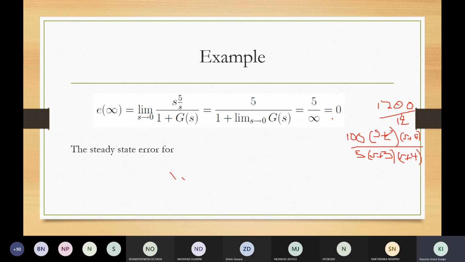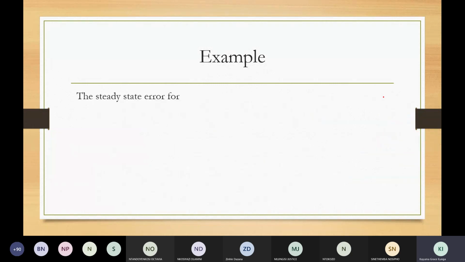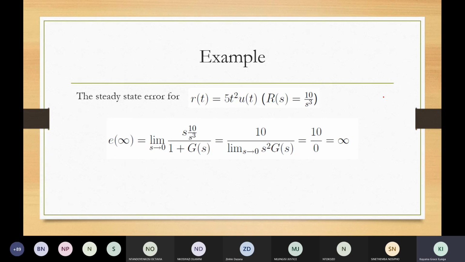When we apply a ramp, the error gives us a certain value which is different from 0. So when n is equal to 1, we have an error for the ramp and an error equal to 0 for the step. But for the parabolic, we cannot track the error because it is equal to infinite.